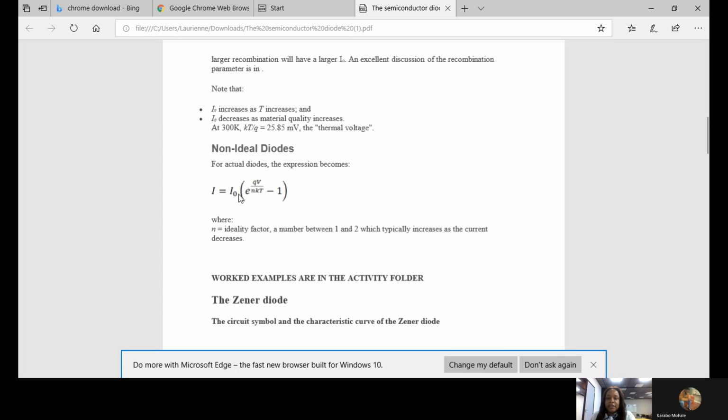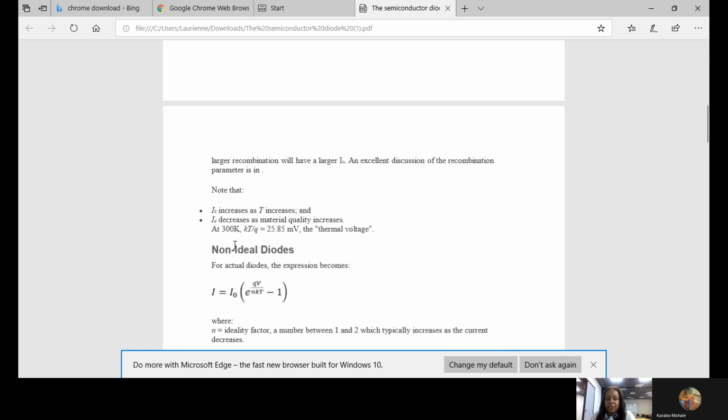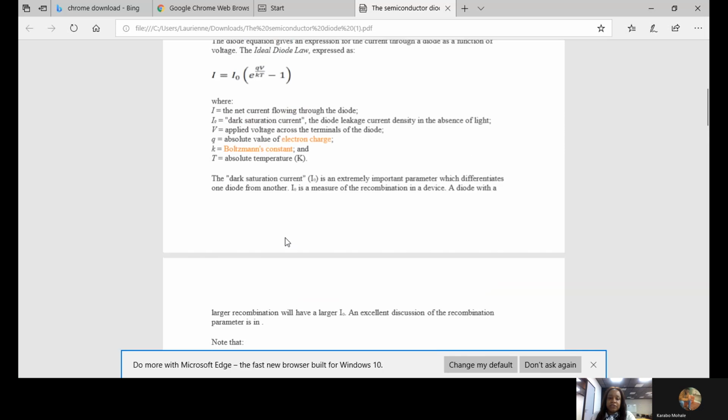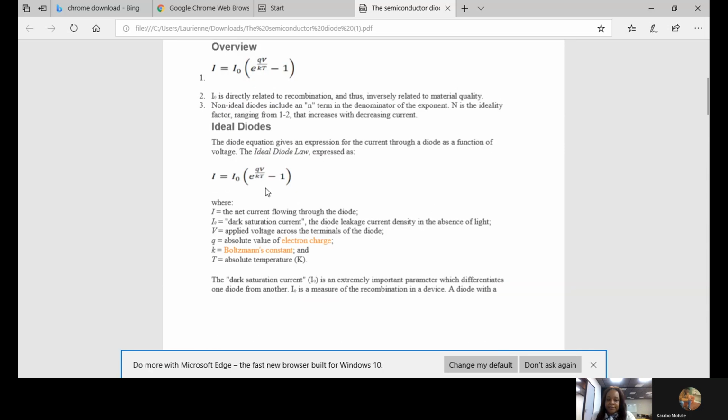So basically, with the non-ideal one, we're going to have n included in the equation. You can see n. I don't know if you can see my arrow. Can you see my arrow? Yes, ma'am. Yeah, n is included in the equation there. So that's for the non-ideal part. For the ideal one, it's going to be like that.